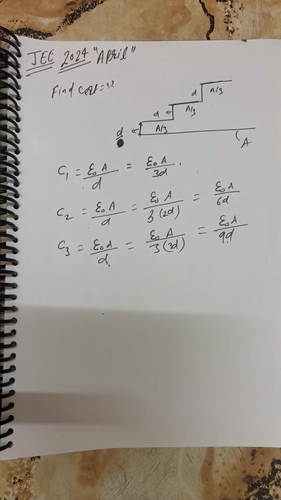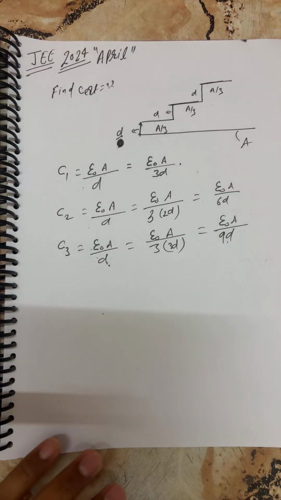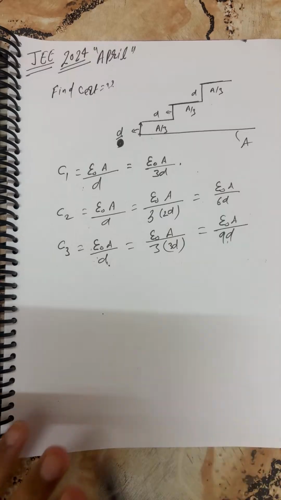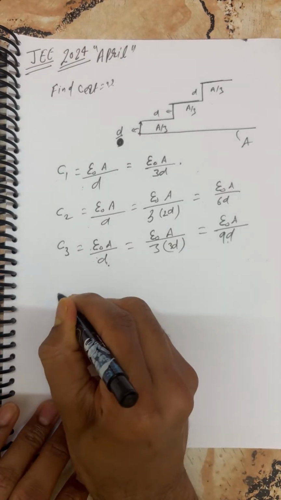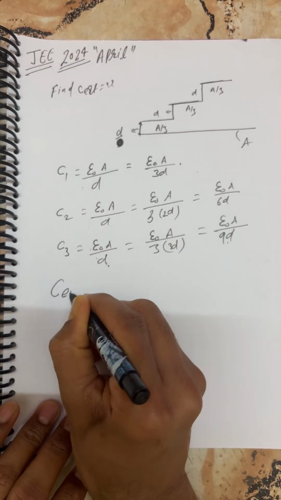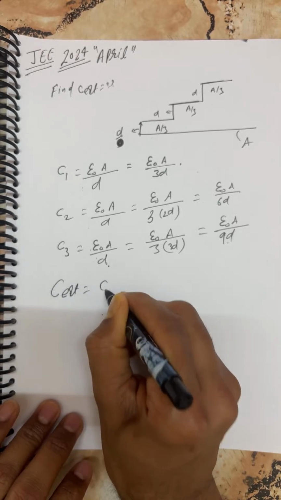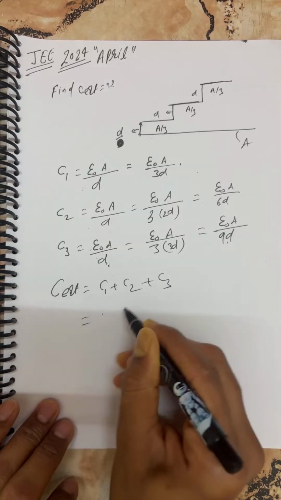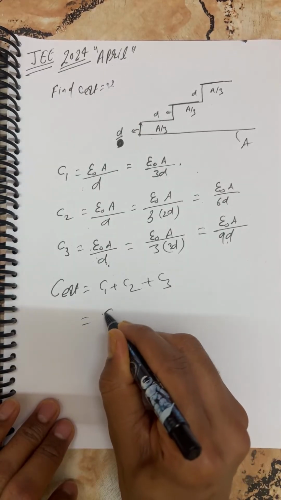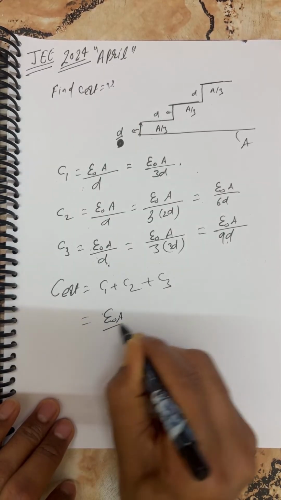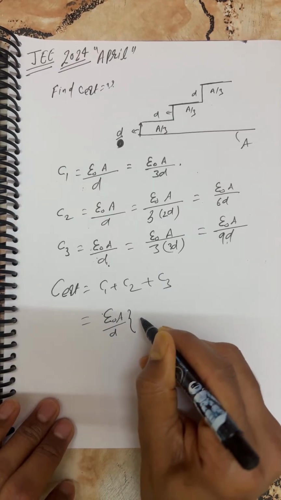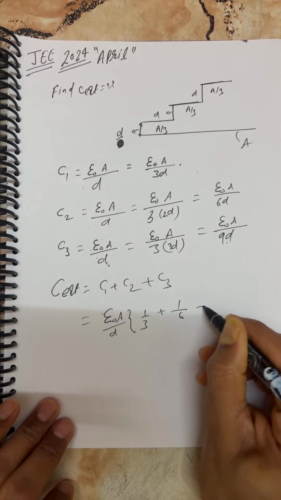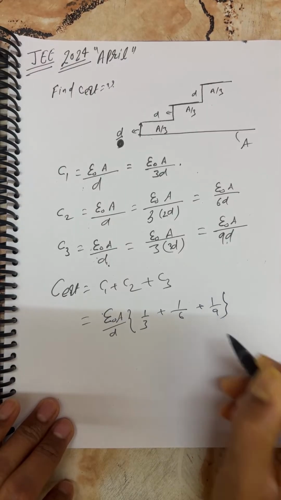Here students, simply write C equivalent is equal to C1 plus C2 plus C3. So you can take epsilon naught into A by D common. This is 1 by 3 plus 1 by 6 plus 1 by 9.